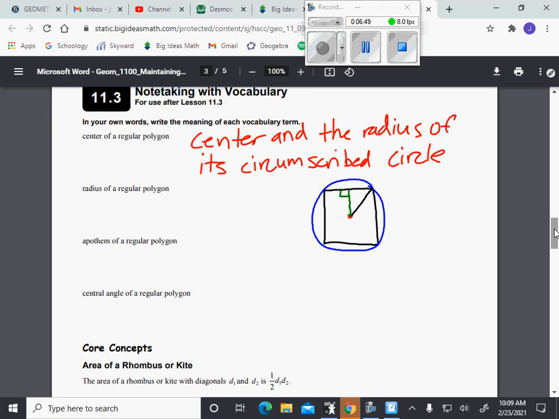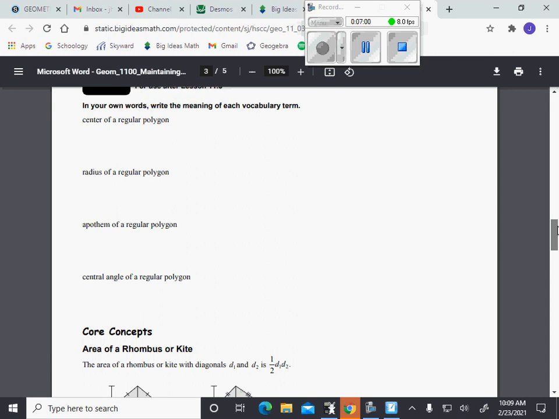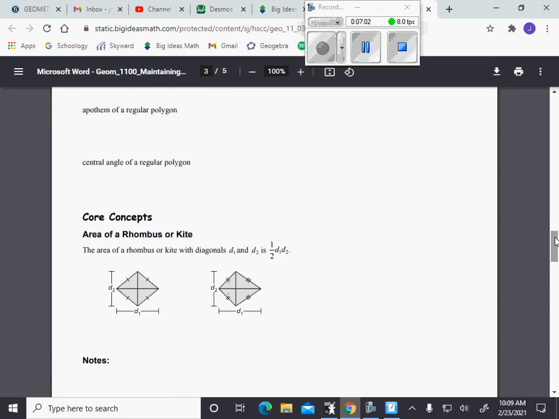And then the central angle of a regular polygon. I'm going to redraw a shape. I'm going to draw a pentagon. Actually, no, a hexagon. There's a hexagon.